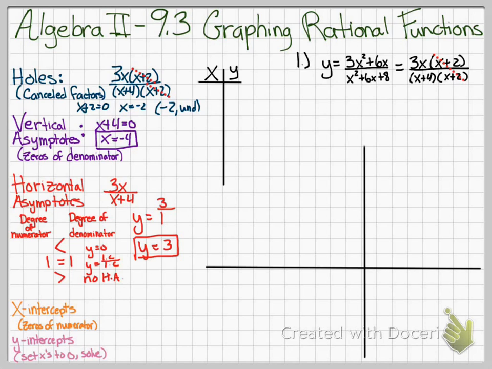So we just take the numerator, 3x, and we set it equal to 0. Well, we can divide both sides by 3, and we get x equals 0, which means we get the point 0, 0, because x-intercepts always have a y value that's equal to 0, and we found the x value was also equal to 0.